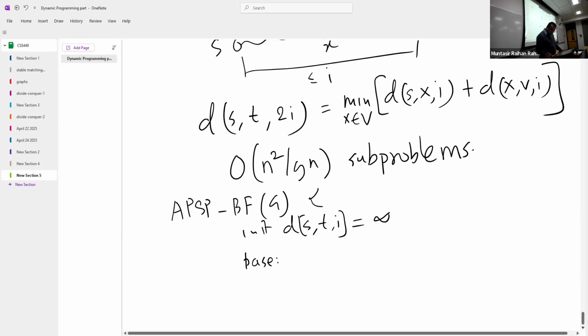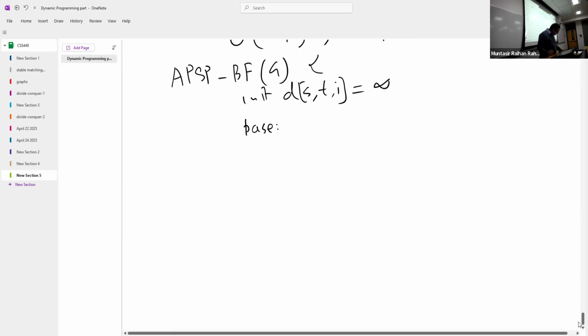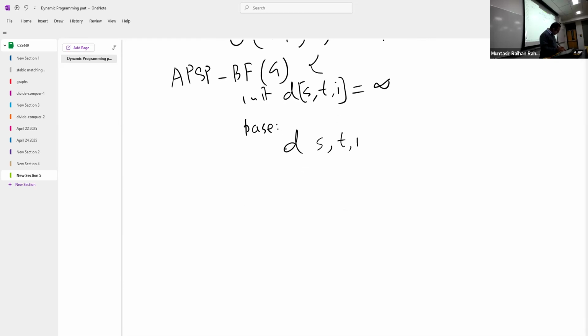What is my base case? Now I don't have S fixed, so S varies, so D of S to T, and let's say I'm looking at most one hop, right?